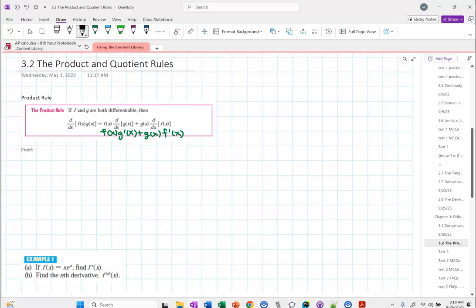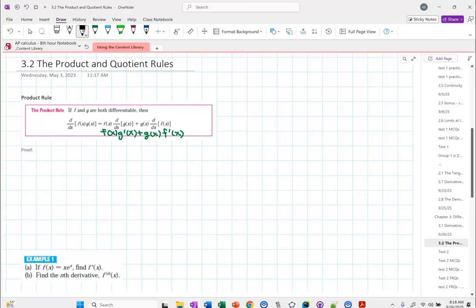You guys see that? Is this something you need to memorize? Oh, yes. Yes, yes, yes. The rule we'll use frequently is one you have to be really comfortable with. You need to have it memorized.